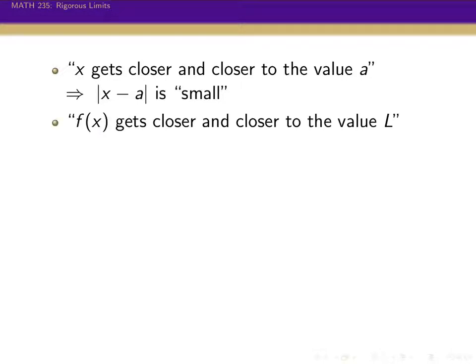Similarly, we want f of x to be getting close to L. Same as before, how do we measure how close f of x is to L? We're going to take the difference between f of x and L, take its absolute value, and see if that is, quote-unquote, small. Okay.